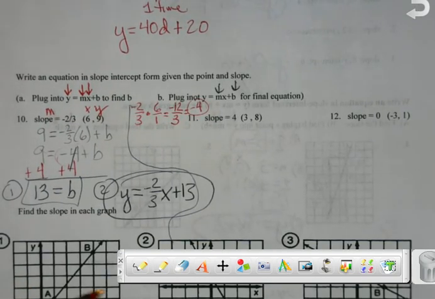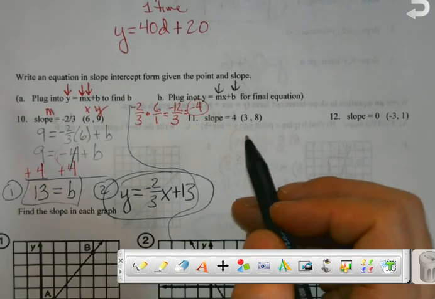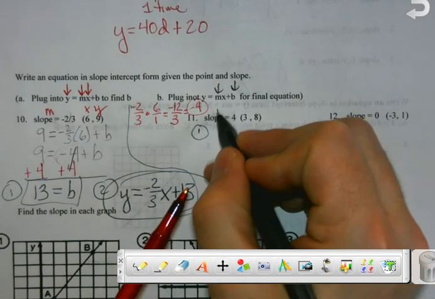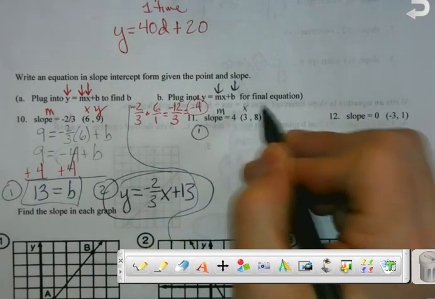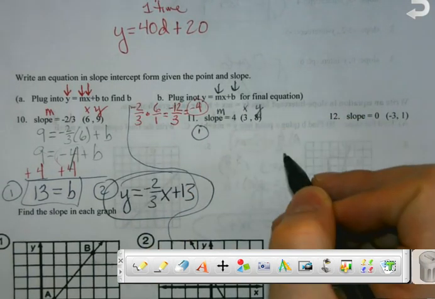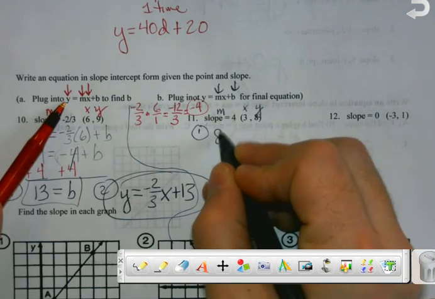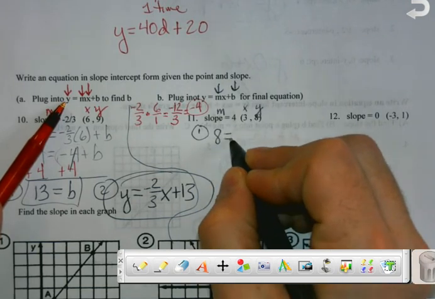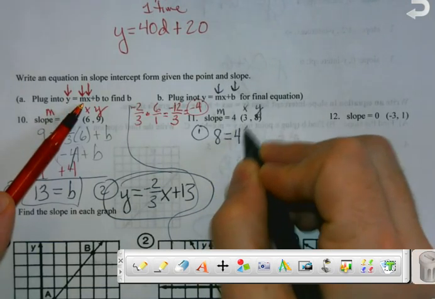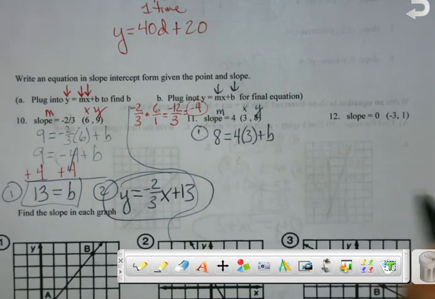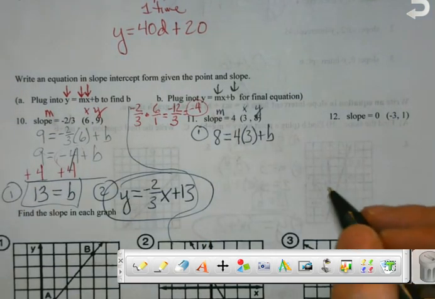Okay, let's actually do 11. Same idea. My first step, I have m, I have x, I have y. Just follow where the arrows go. y equals mx. We're going to, nope, we're going to.